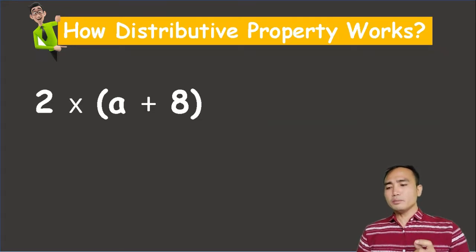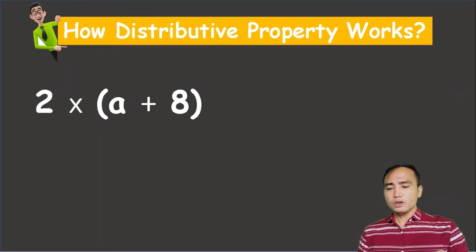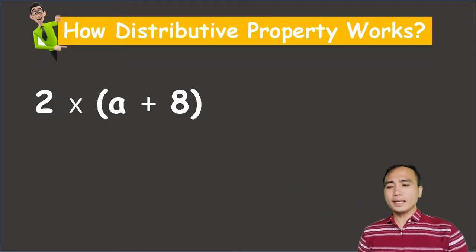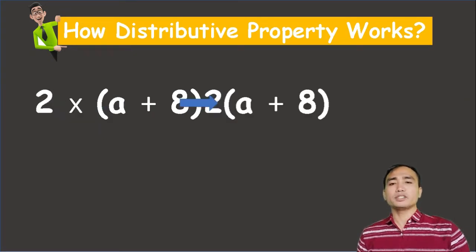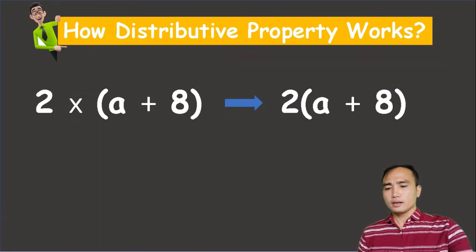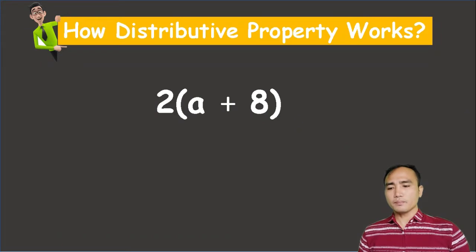Sometimes we are a little bit confused when we see a multiplication sign, just like the small letter x, and the parentheses. Do you know that parentheses also indicate multiplication? Therefore, 2 times the group a plus 8 is also equivalent to this expression. Okay, let us simplify 2 times the group a plus 8.